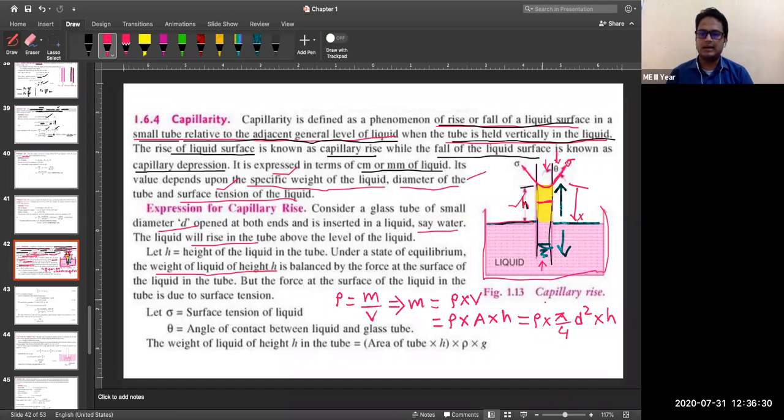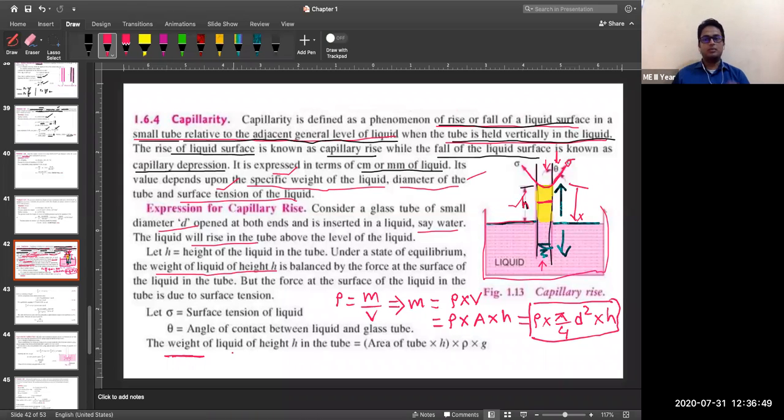This entire term will be the mass of the liquid present in this capillary rise column. This is mass, but what are we looking for? We are looking for weight.